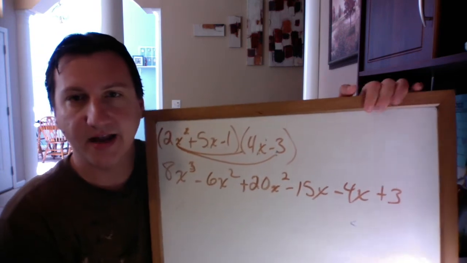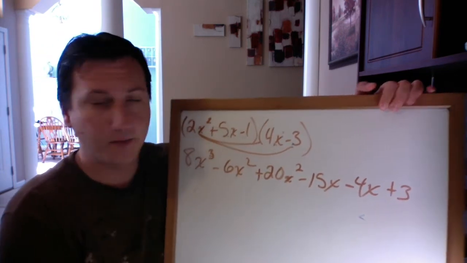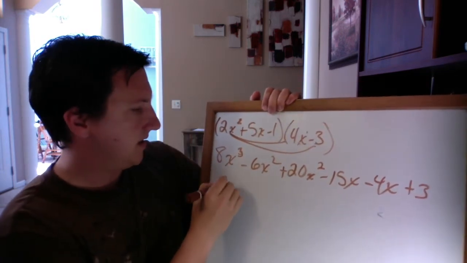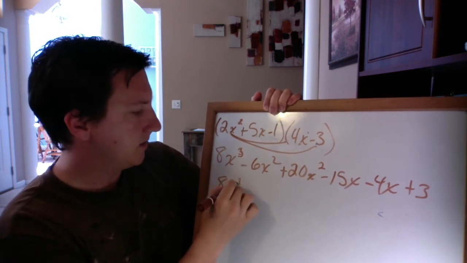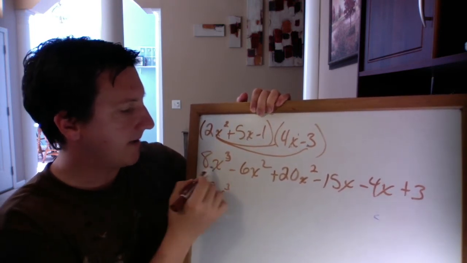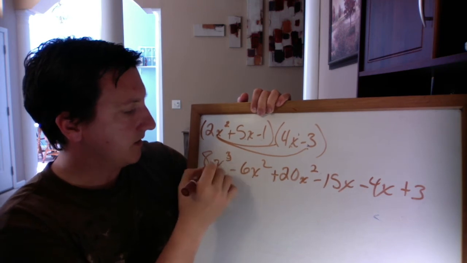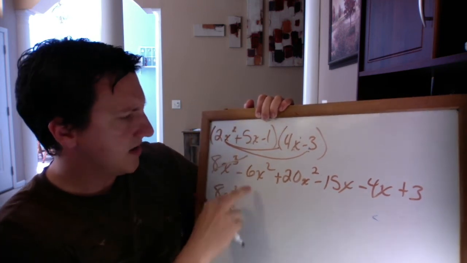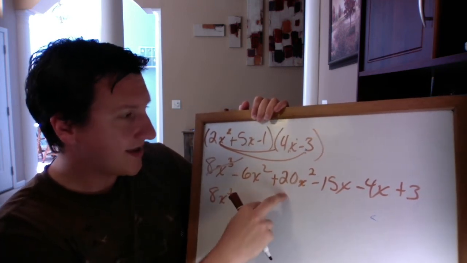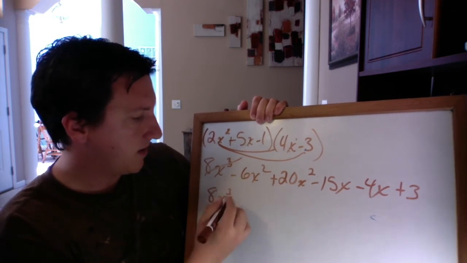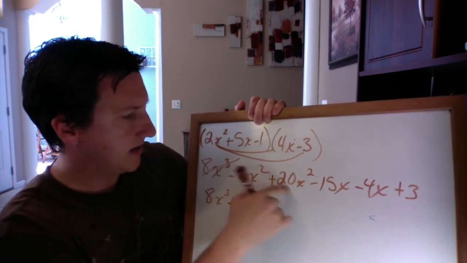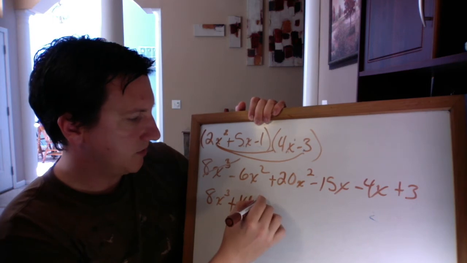So now that I have that, I'm going to combine all my like terms, and that'll be my answer. 8x cubed, I think that is the only term with that base, so done with that one. Negative 6x squared plus 20x squared. Negative 6 plus 20 is positive 14. Keep those the same. The term is the same there.